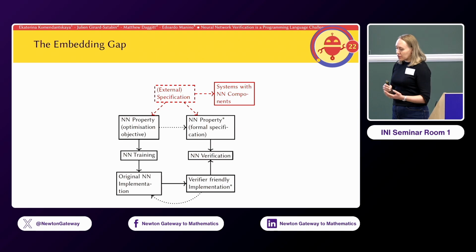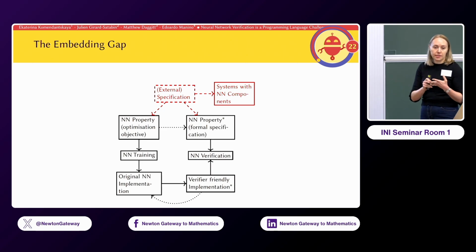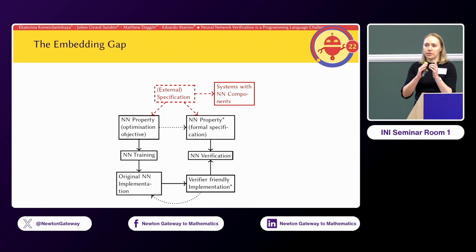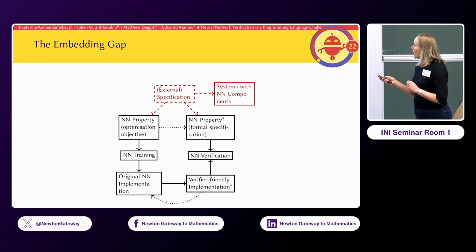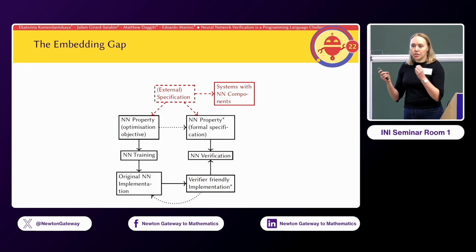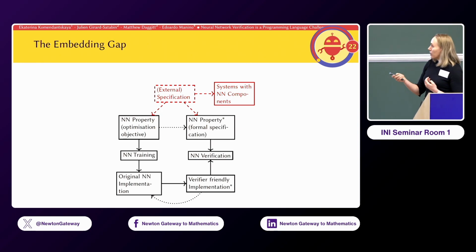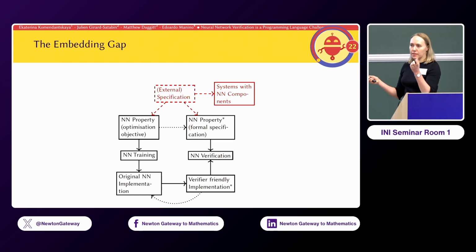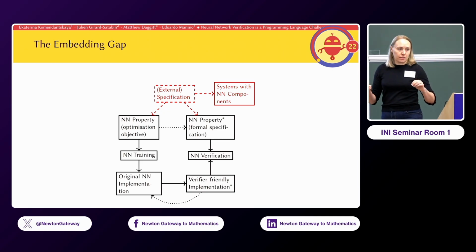Its inputs will be given maybe in terms of speed, angles, distances, and under certain conditions, it should tell me clear of conflict, turn right, or turn left. When people in the verification community were verifying these sorts of specifications that had physical parameters, they were normalizing them, and neural networks only saw normalized values between 0 and 1, whereas the specification could have kilometers, miles per hour, or something like this.